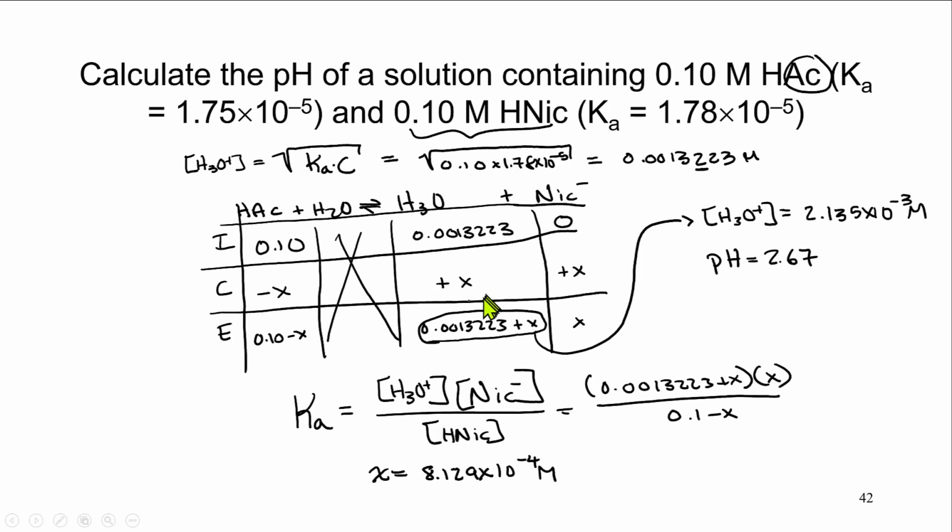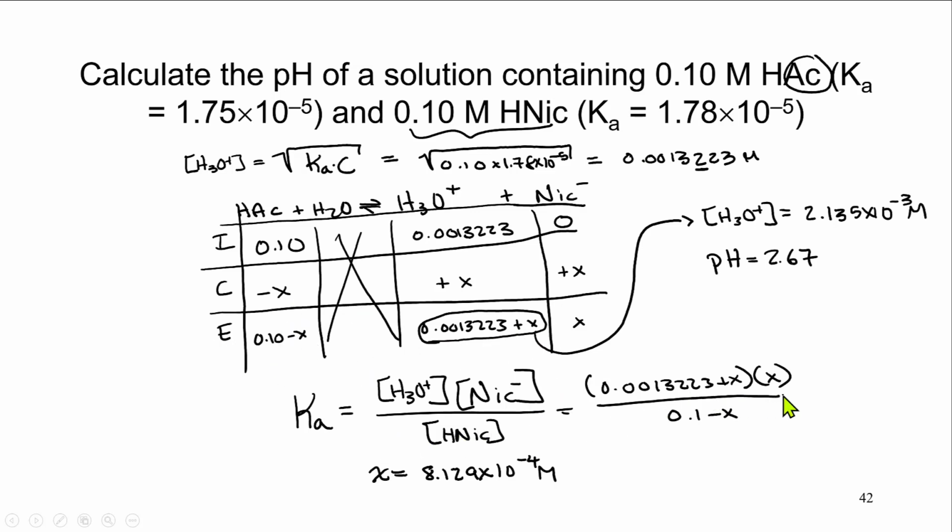And then we did the same thing for the acetic acid. We started a table assuming the ionization of acetic acid. We started with this concentration, but now we're assuming that there's hydronium already present from the ionization of the nicotinic acid. And so we have to set up our ice table like this.